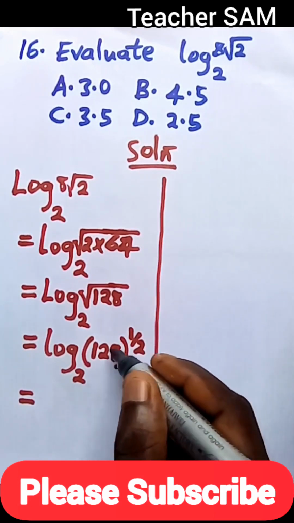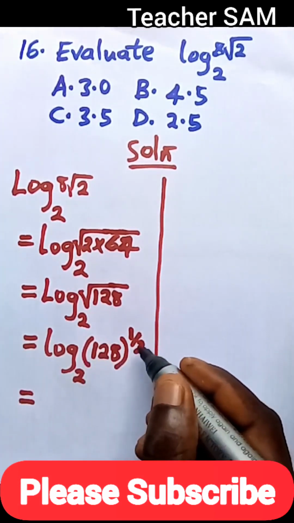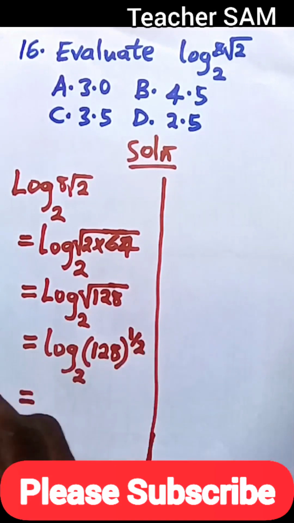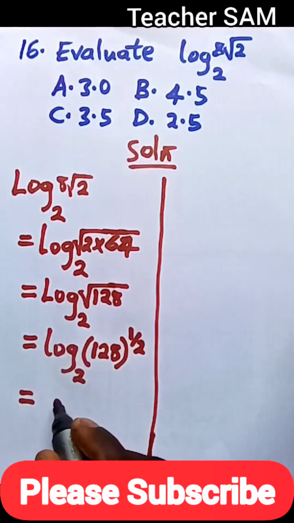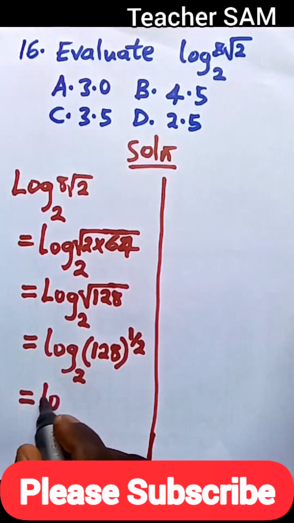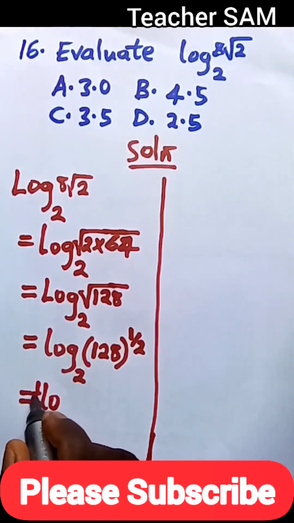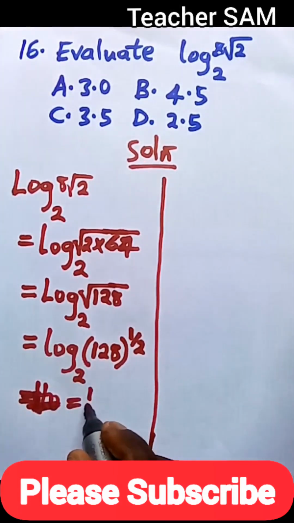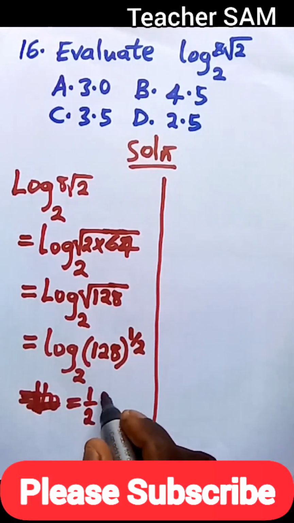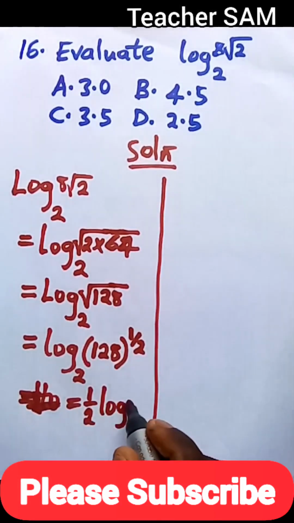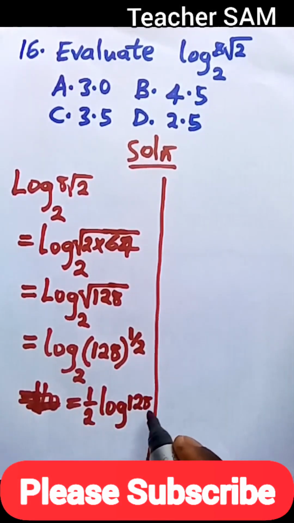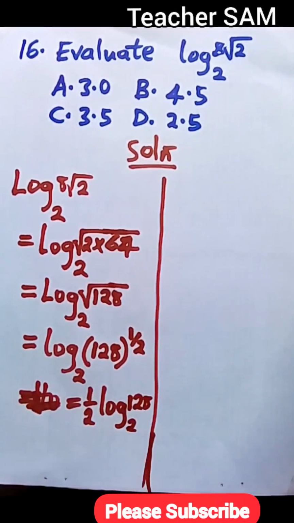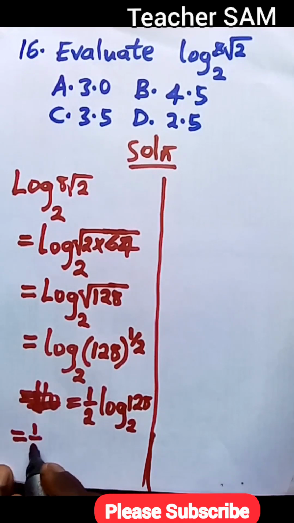In this case, it's the log that is raised to a power, so we bring this out and use it to multiply the log. So we have 1 over 2 log 128 to base 2.